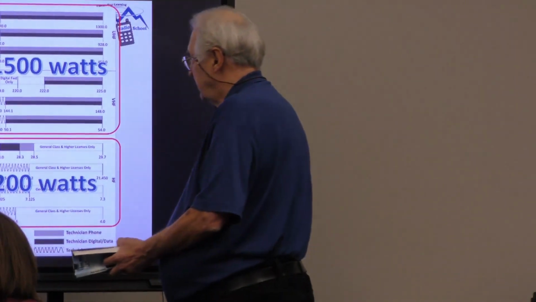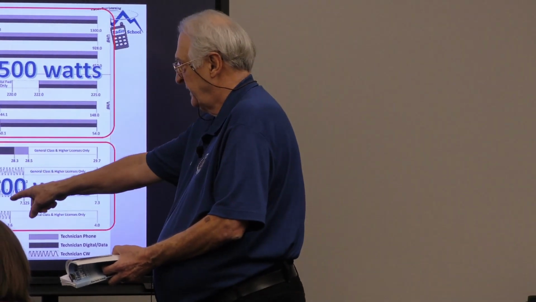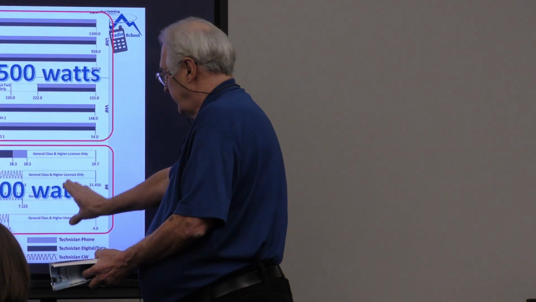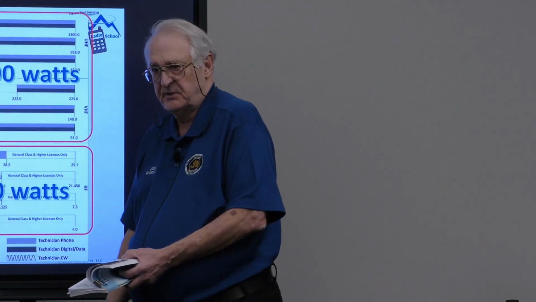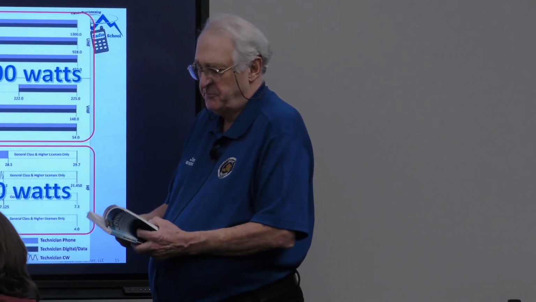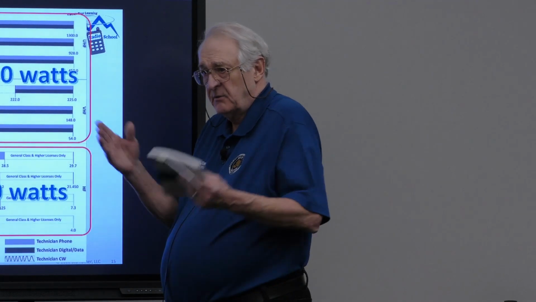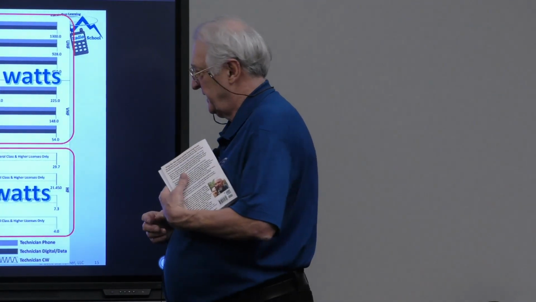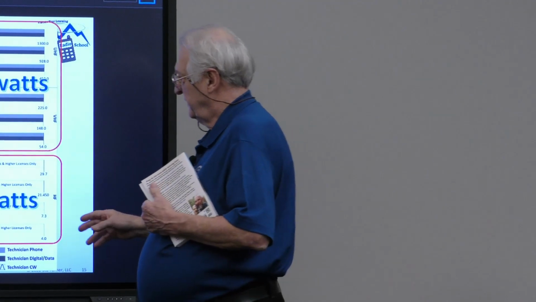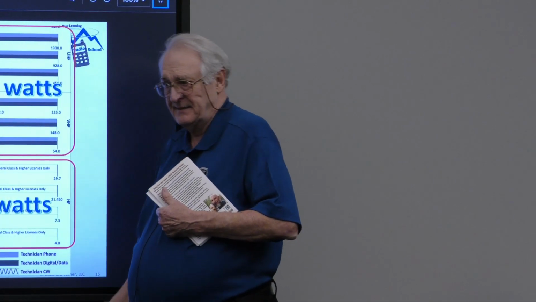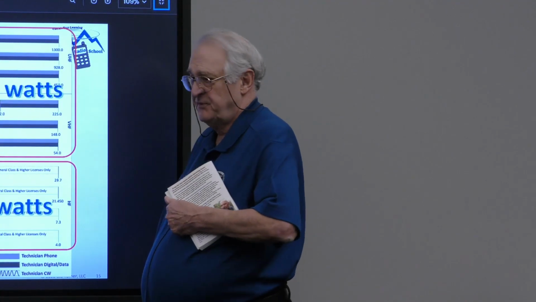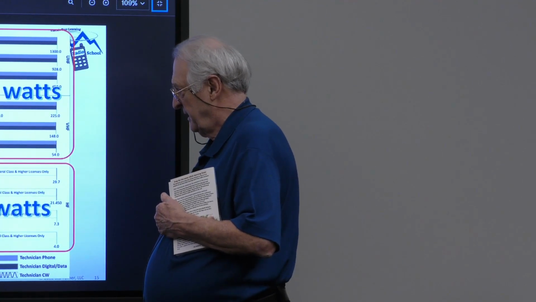Down below here, on the HF bands where you have CW privileges, you're limited to 200 watts. That's typically not a problem because most of the radios are 100-watt radios, so you're not going to violate that. I would recommend that if you're doing CW, you don't need anything more than 100 watts. That's going to give you more fun than you know what to do with, probably.